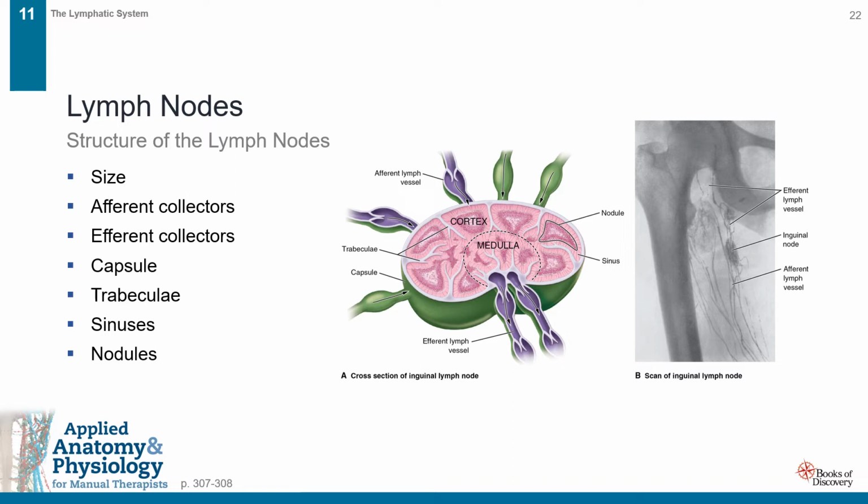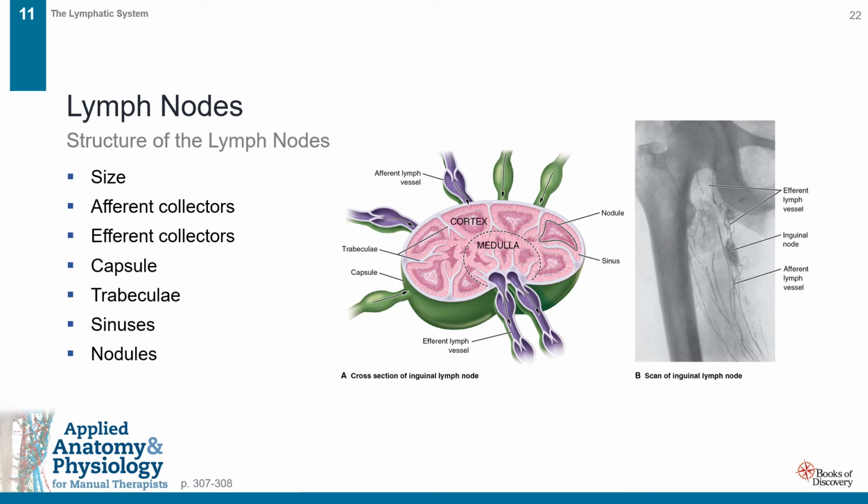The efferent collectors also have one-way valves to prevent backflow into the node. Having more afferent than efferent vessels creates a pressure differential inside the lymph nodes that facilitates the filtration process.